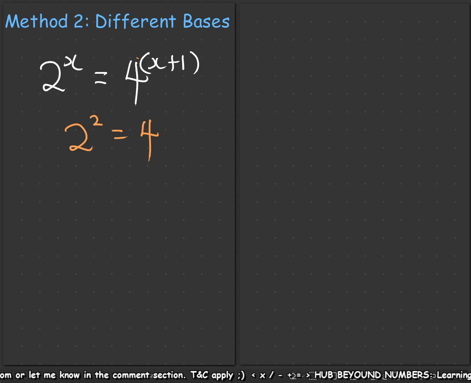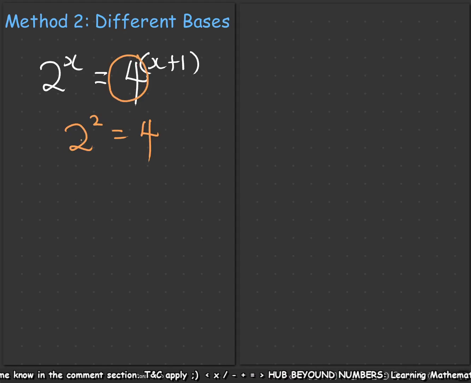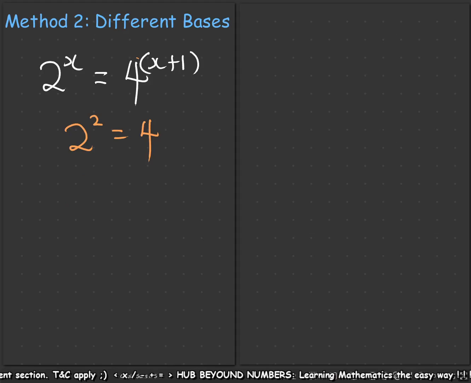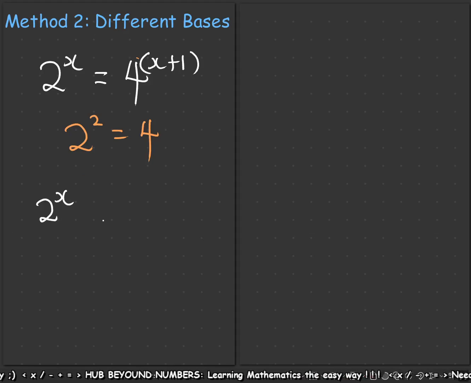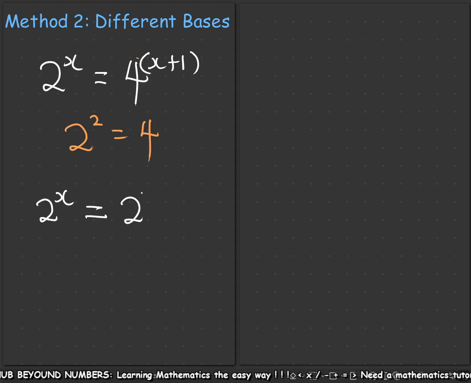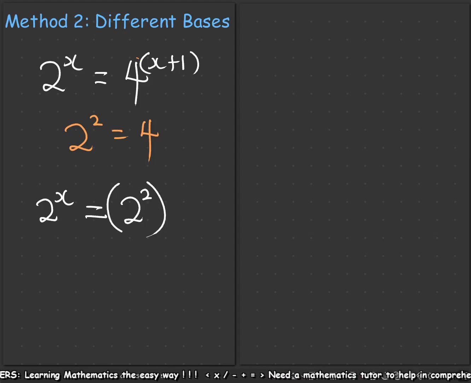So all we do is, instead of this 4 over here, we are now going to rewrite it as this. So that on our left hand side, we still have our 2 raised to the power x. And it's equal to, instead of the 4, we are writing 2 raised to the power 2, all raised to the power x plus 1.